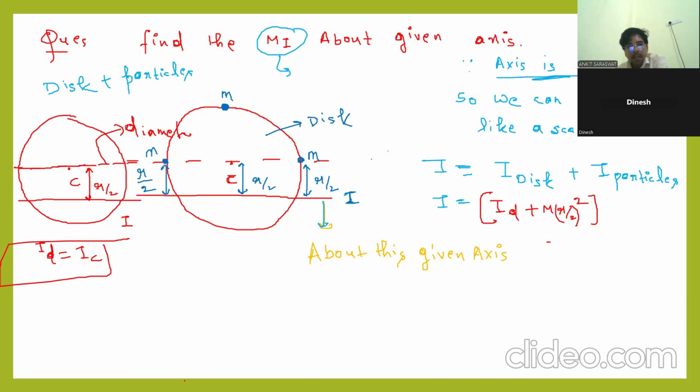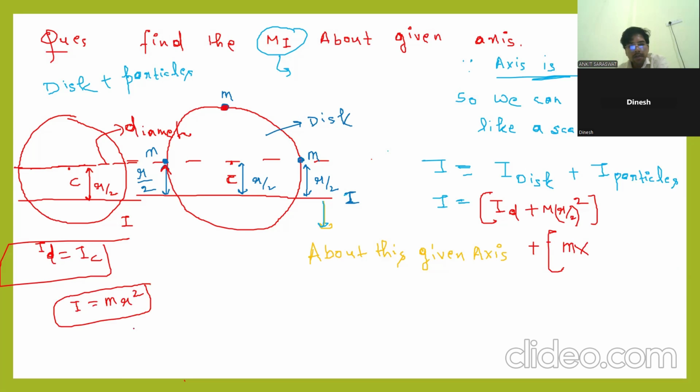If you look at the particles, for a point mass, I is equal to mr square.